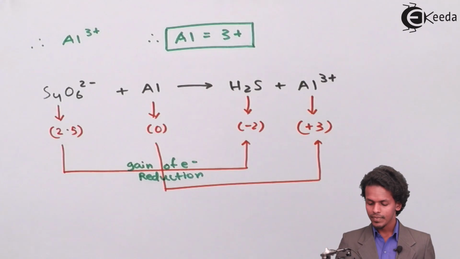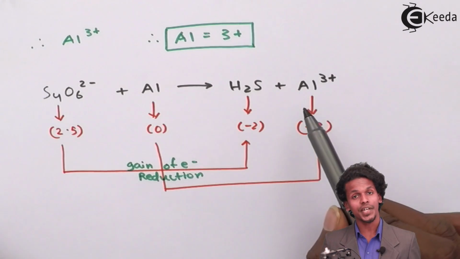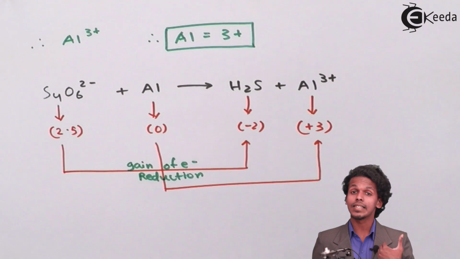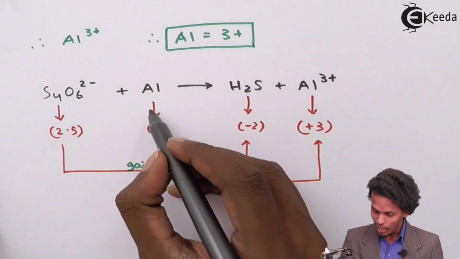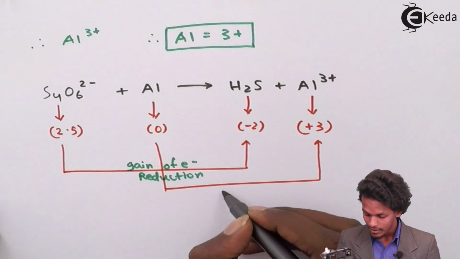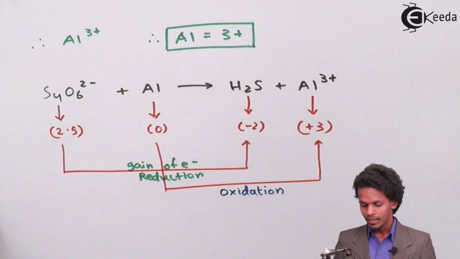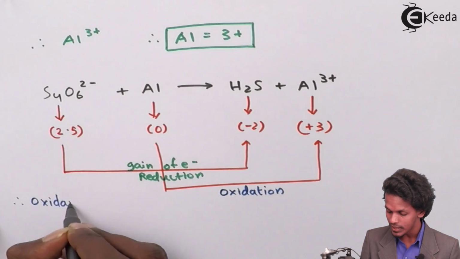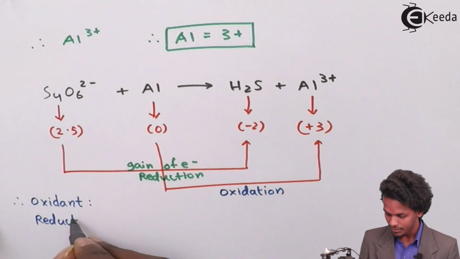While for aluminium, which is 0 on the reactant side and is converting into +3 on the product side, this is only possible if it is losing electron. So this makes the aluminium undergo oxidation. So overall, the oxidant is the one who shows reduction and the reductant is the one who shows oxidation.